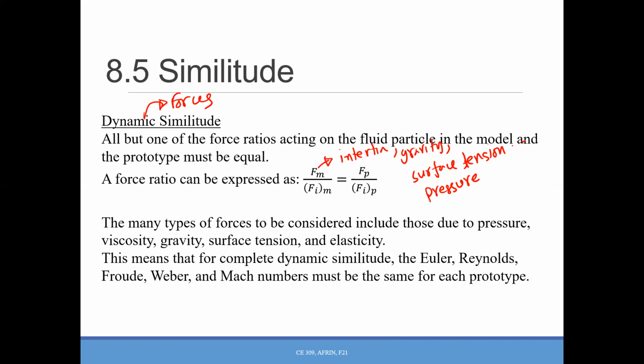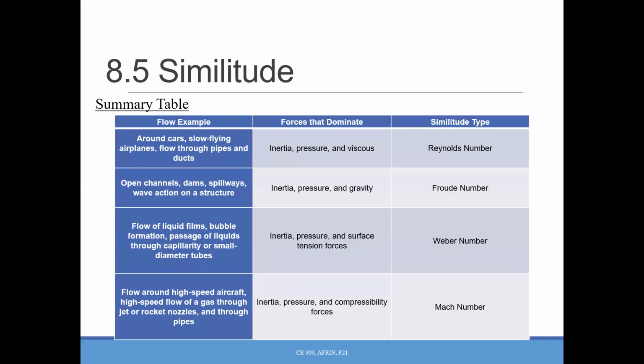Okay. Now, if we go to that summary table, there are some examples, and we can check which force is the dominant one, and based on that, we can select. One of the common things is flow through pipes and ducts. Usually for that one, viscous force is the important one, so we should use Reynolds number for pipe flow.